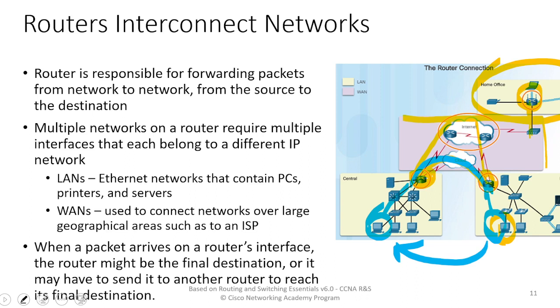On the other hand, if the communication is from one of the internal devices to the device at the home office, then it will come to the router and it will determine the other suitable path to reach the other network. So it will go through that network towards the final destination. So that is how the basic interconnectivity action of routers will happen.